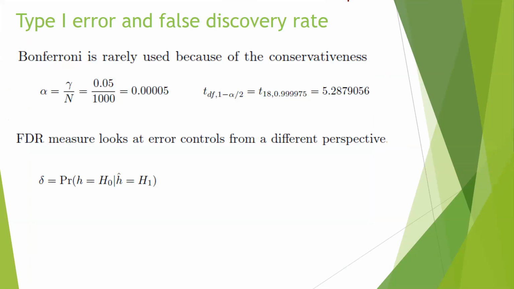So one way we can do is the Bonferroni. For the regular 0.05 cutoff, we divide 0.05 by the number of tests and get a new significance level to be used for each individual test. But sometimes this is too conservative.